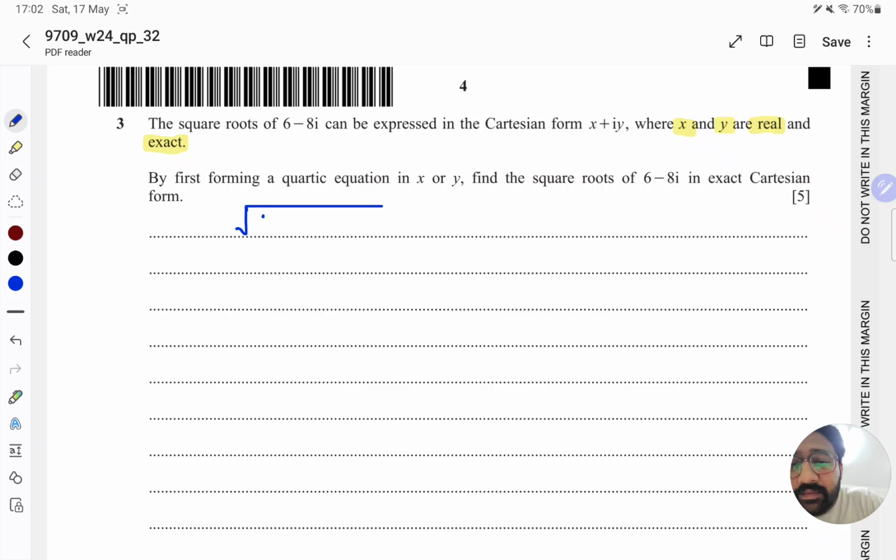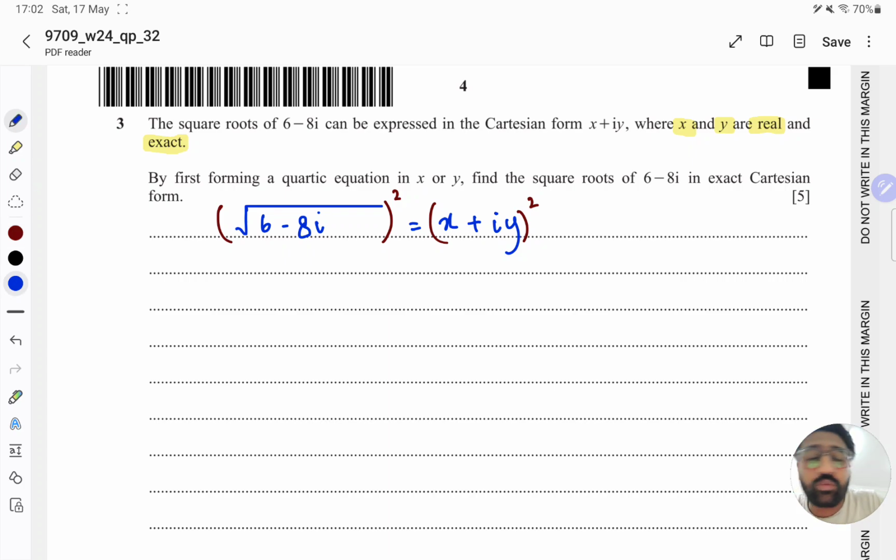It says square root of 6 minus 8i is equal to x plus iy. Now we know that to remove this square root, I have to take the square on this side, and so I have to take the square on the opposite side as well.